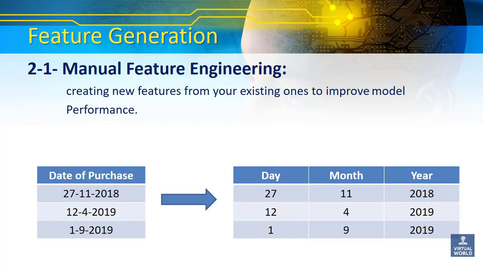Manual feature engineering, in this case, can be to create 3 new features out of this one. These new features are day of purchase, month of purchase, and year of purchase. These new features might increase the accuracy of your model results, and we will see how to manually generate other types of features in another video.